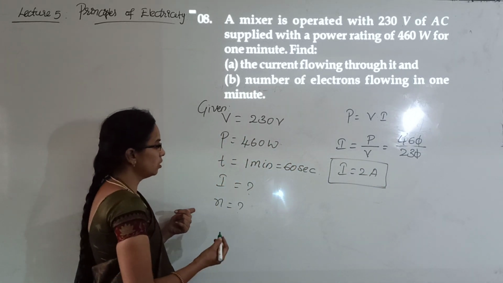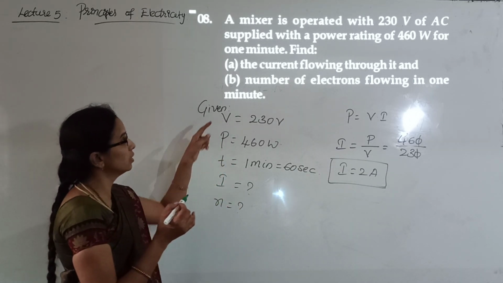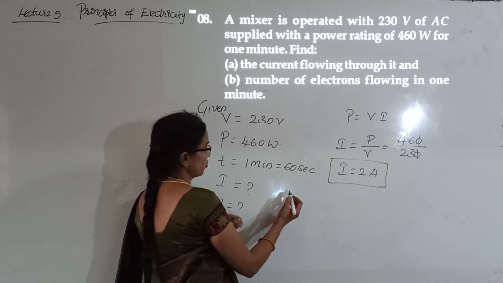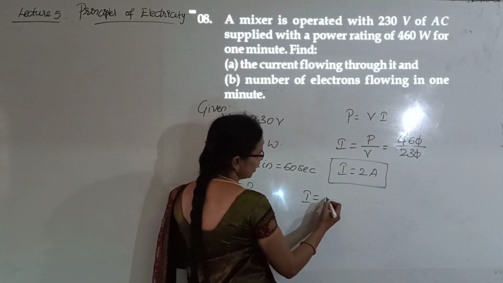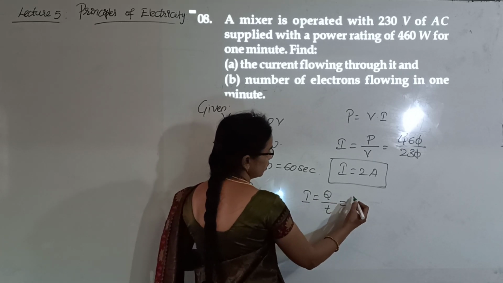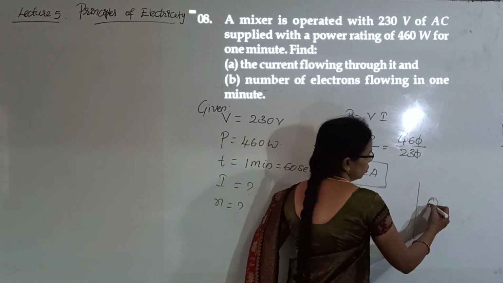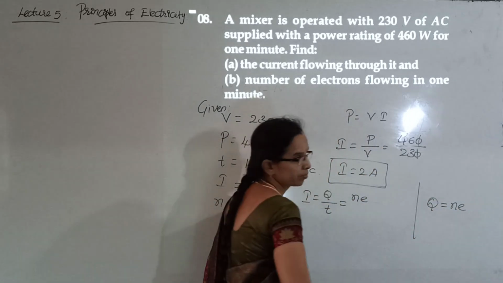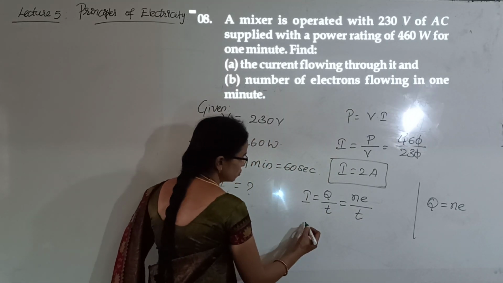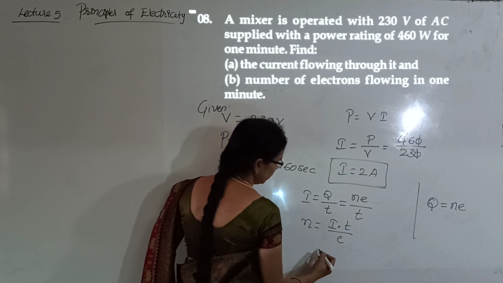Okay, so we want to calculate the number of electrons flowing in the circuit in 1 minute, that is 60 seconds. So for current, I is equal to Q by T. Q is equal to N E, we know that. So N E divided by T. So N is equal to I into T divided by E.